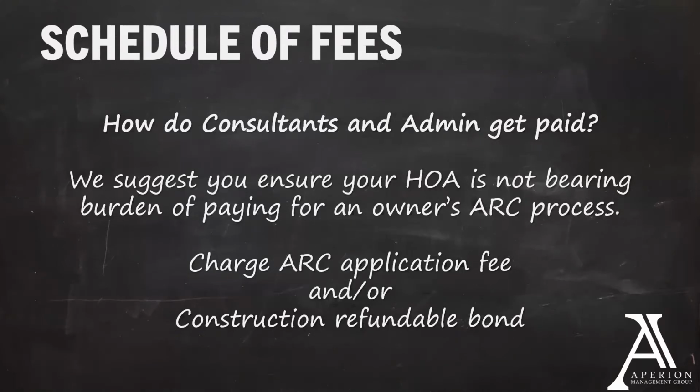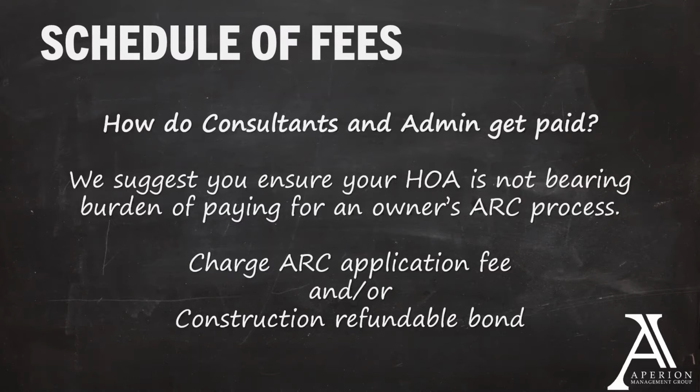So the question right here is, well, if we're using these people and we're reviewing plans and we're utilizing our consultants and they're charging $100 an hour for their time, and Aperion as well, generally as part of our contracts, we will administer design review processes, but sometimes there's an extra charge for that as well.